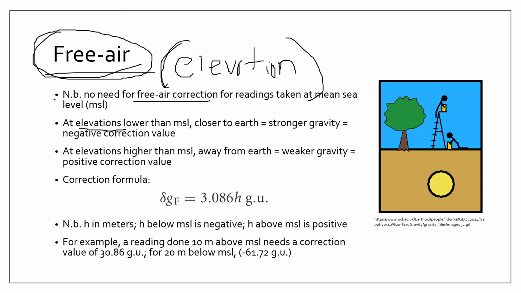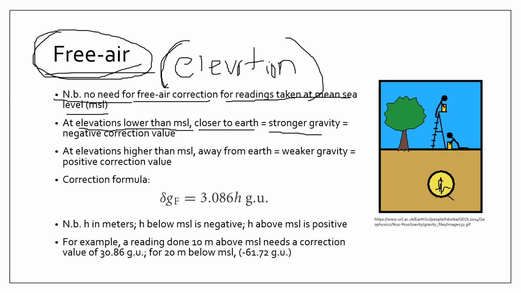You don't need to do free air correction if your readings are done at mean sea level. Okay, if you did your readings at the mean sea level, you don't need any free air correction. So if you did any readings that are above or below mean sea level, you have to do your free air correction. So if your elevation is lower than mean sea level, it means that your station is technically closer to the Earth.